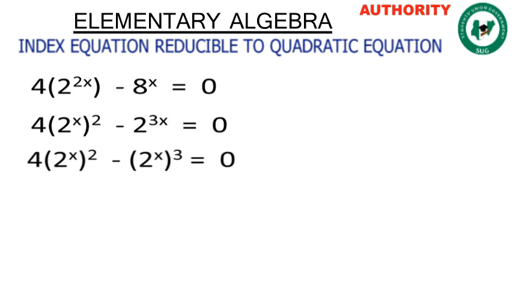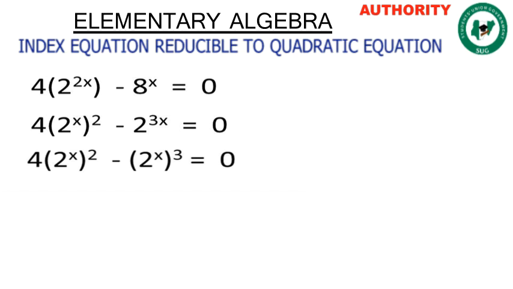Now we have 4(2^x)^2 minus 2^(3x); let's take 3 outside, so we have (2^x) in bracket raised to power 3 is equal to 0.